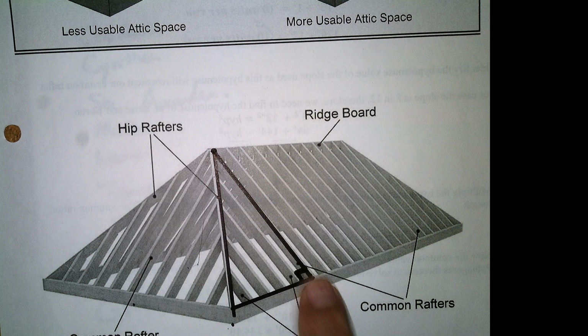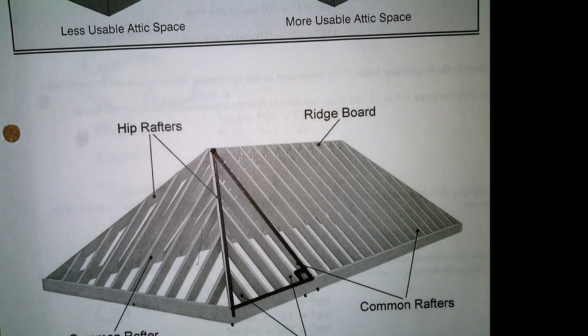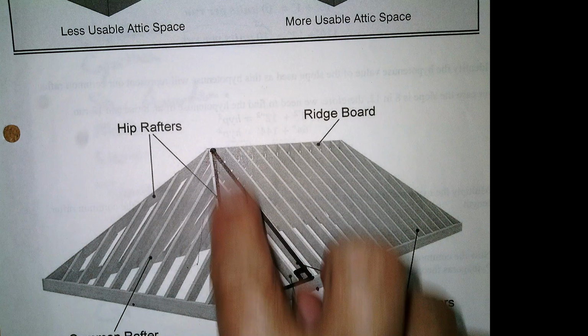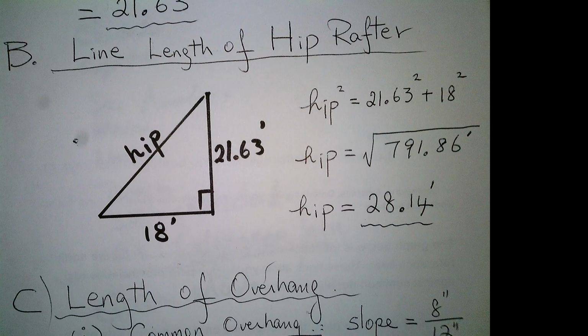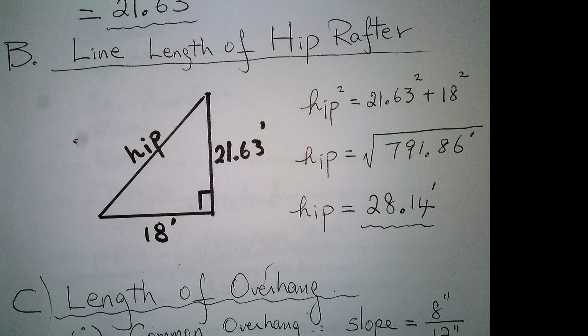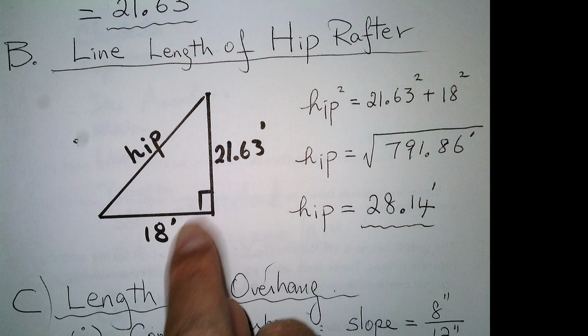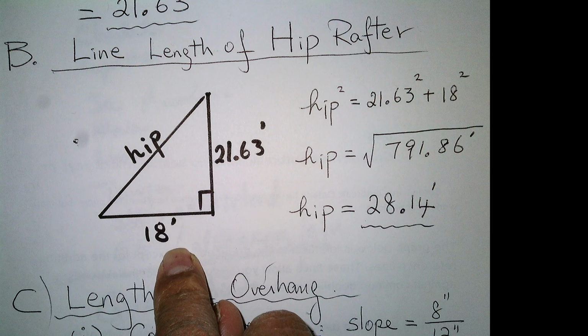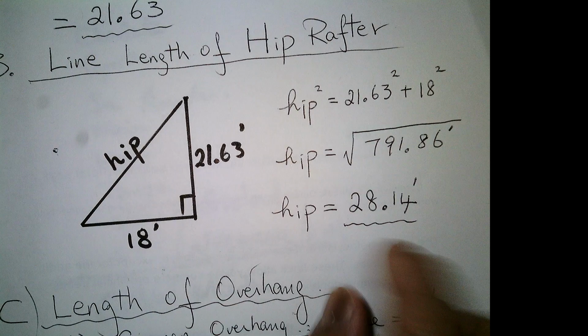So now I am going to transfer this diagram, calling this side the hip, because that's what we need to calculate, the length of the hip. Right here, using Pythagoras. That's the length of the common rafter. That's the run of the house. So you're going to get a copy of that.